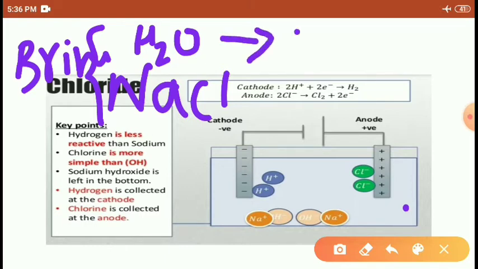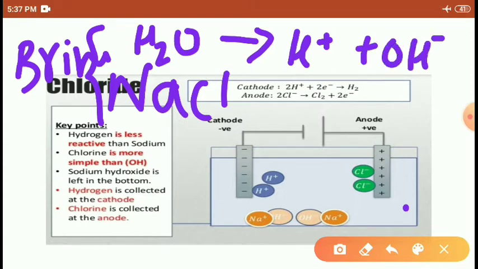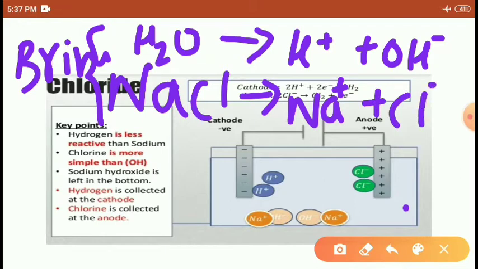In this case, water dissociates to form H plus and OH minus, and NaCl dissociates to form Na plus and Cl minus. So in the solution, two positively charged ions are present and two negatively charged ions are present.